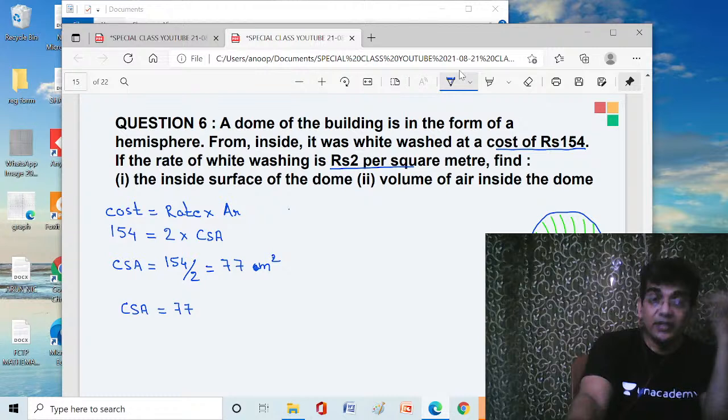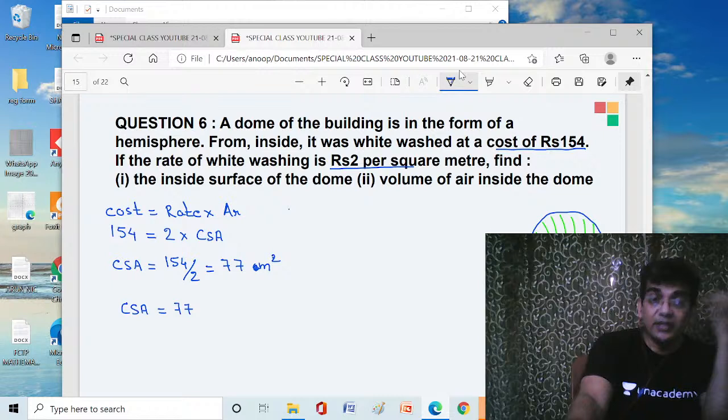So from the surface, when the cost and the rate was given, we calculated the curved surface area. Then we applied the formula for curved surface area and we got the radius. Now the last part says calculate the volume of air, meaning the volume of this dome.